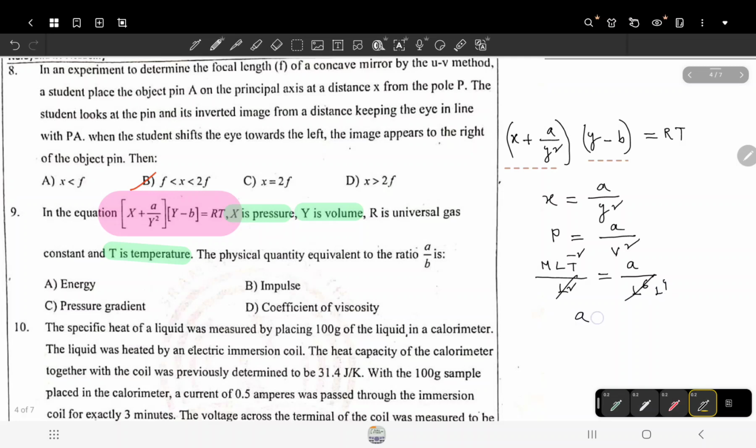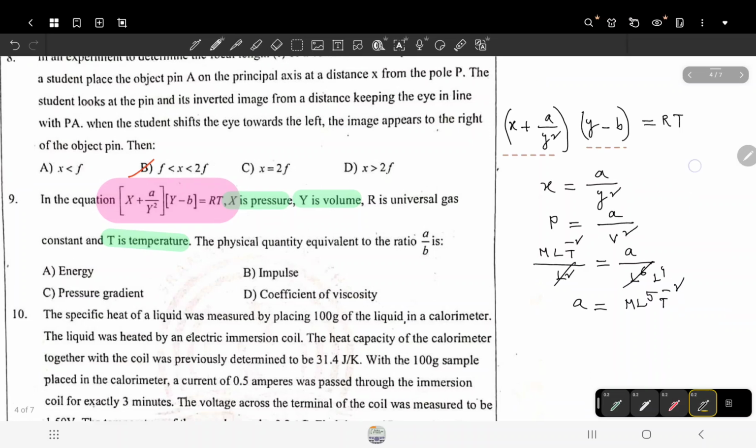Therefore a will be equal to m l power 5 t power minus 2, that is a, right?